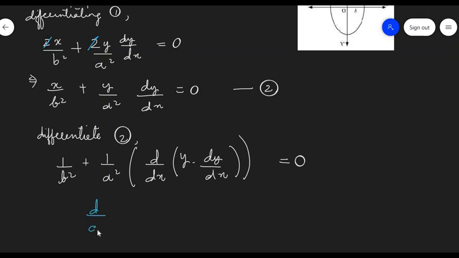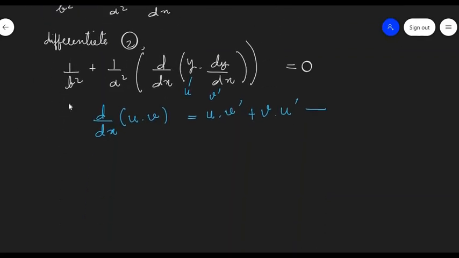If we need to differentiate two functions u and v which are in multiplication, we differentiate using first function into differentiation of second function plus second function into differentiation of first function. So here let us call y the first function and dy by dx the second function and use this identity to differentiate.